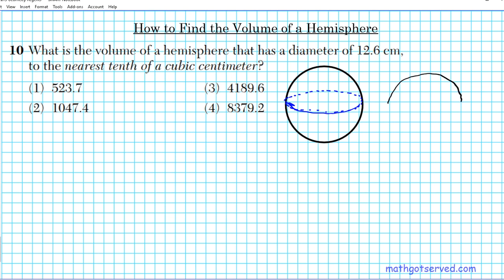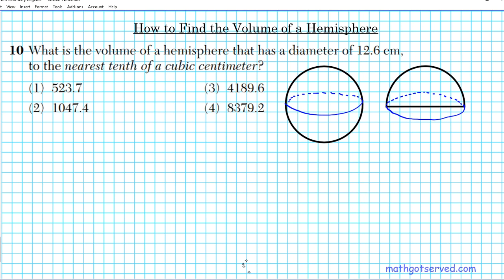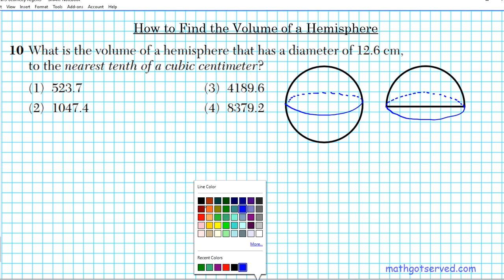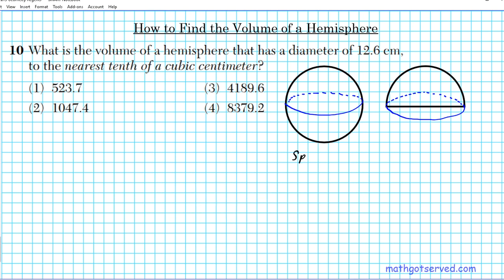Okay? So let me just do this. I just took this sphere right here and I cut it in half, and then what we have is a hemisphere. So that's the relationship. This is a sphere and this is a hemisphere.